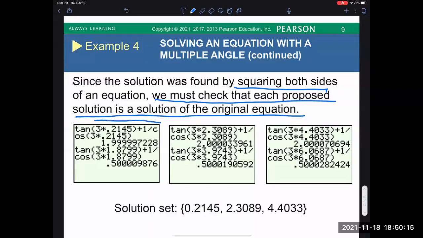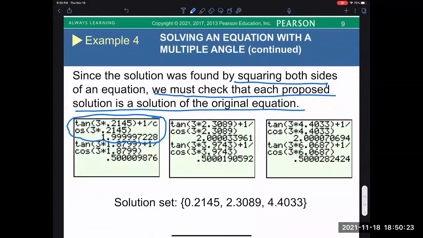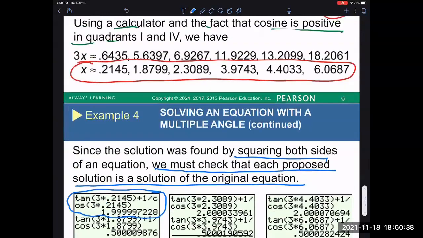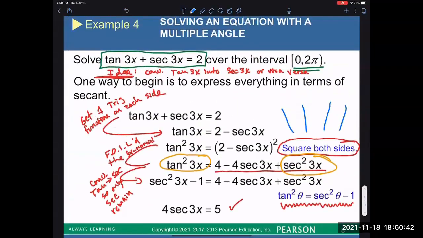So this is them checking the first value, which is 0.2145. They're plugging in tan of 3 times 0.2145 plus, and the next one was secant, so they're doing 1 divided by cosine of 3 times 0.2145. And when they evaluate that, that's how they're evaluating the left side of this equation.